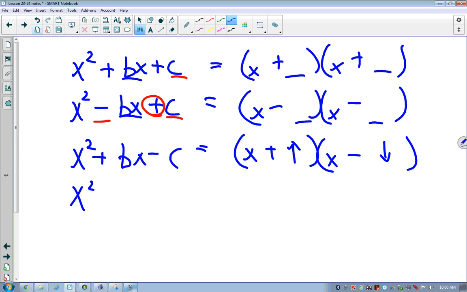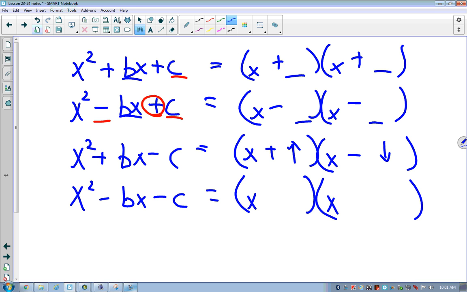If I have x squared minus bx, let's see, I feel like we've already done that. I feel like those are the main instances. Actually, no, we can get this. Okay. It is possible to have that, and it's similar to the one that came before it.